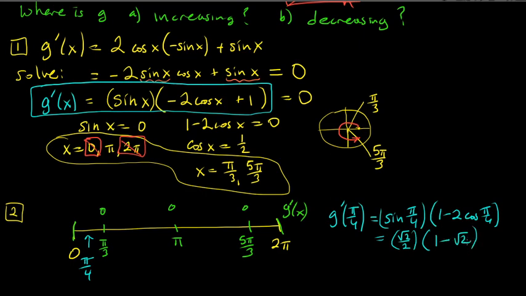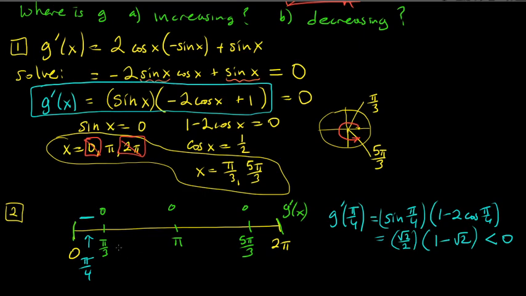It's negative 0.414, I think. Don't quote me on that. Okay, it is negative 0.41. The fact is it's a positive times a negative, so this is definitely negative. So that's where it'll be decreasing.